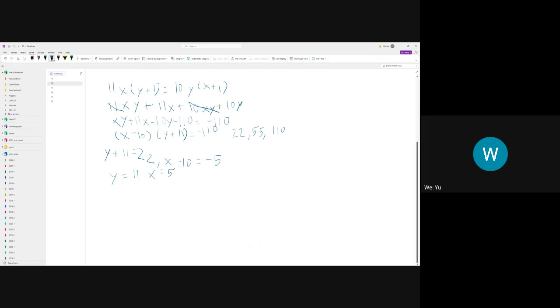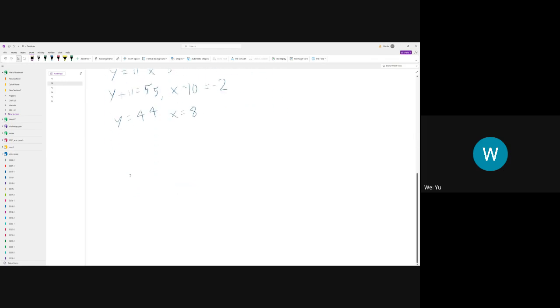So this works. The second case is y plus 11 equals 55 and x minus 10 is equal to negative 2. So we have y equals 44 and x equals 8. This doesn't work because they have a common factor of 4.